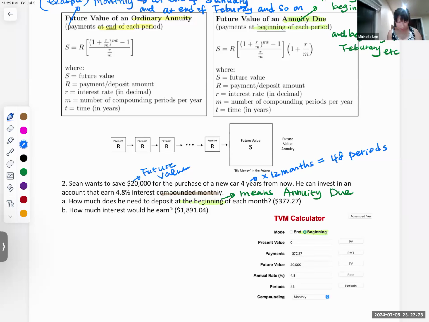So there is 48. And then 4.8 interest, that would be R in that case. When it's in percent, we can just use 4.8%. All right.